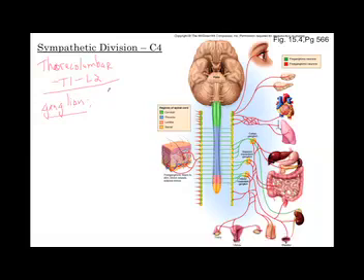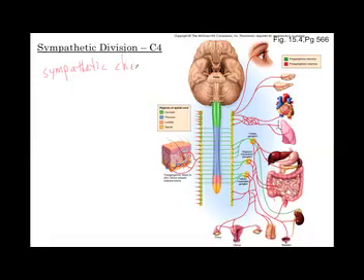We know that in an autonomic pathway, preganglionic fiber synapses with the postganglionic fiber at what's called an autonomic ganglion. In the sympathetic division, those ganglia are called the sympathetic chain ganglia.